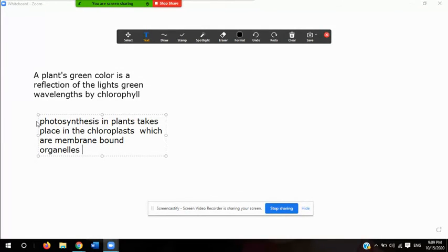Most of the chloroplasts are found in the leaves. Remember when I made that little drawing a minute ago, talking about photosynthesis and how the sunlight hits the leaves? Well, it's because the chloroplasts are there.